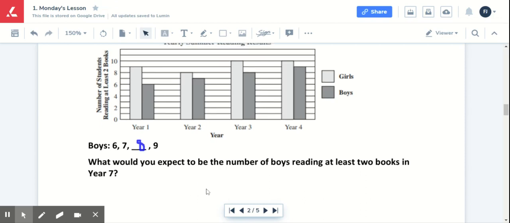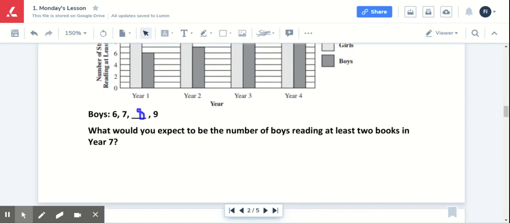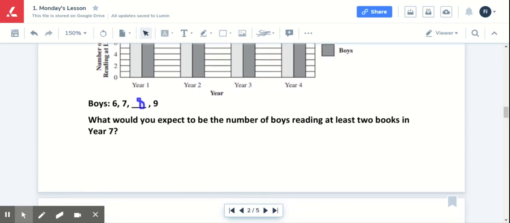Awesome. And notice that the pattern from each year is that each year, one more boy is reading at least 2 books.